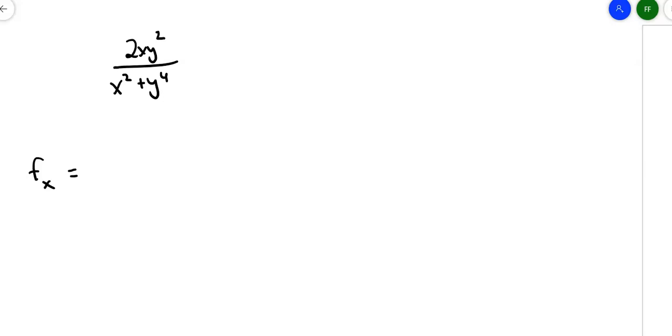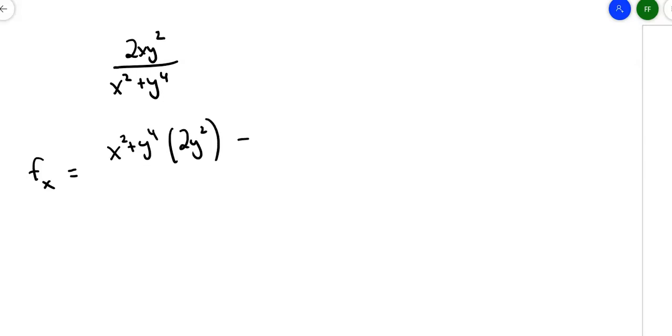So I'll do one, and then you can fill in the blank from there. And the quotient rule pops up again here. So we're going to do bottom derive the top. So x squared plus y to the 4th times the derivative of 2xy squared with respect to x. So with respect to x, you just get what? A 2y squared.